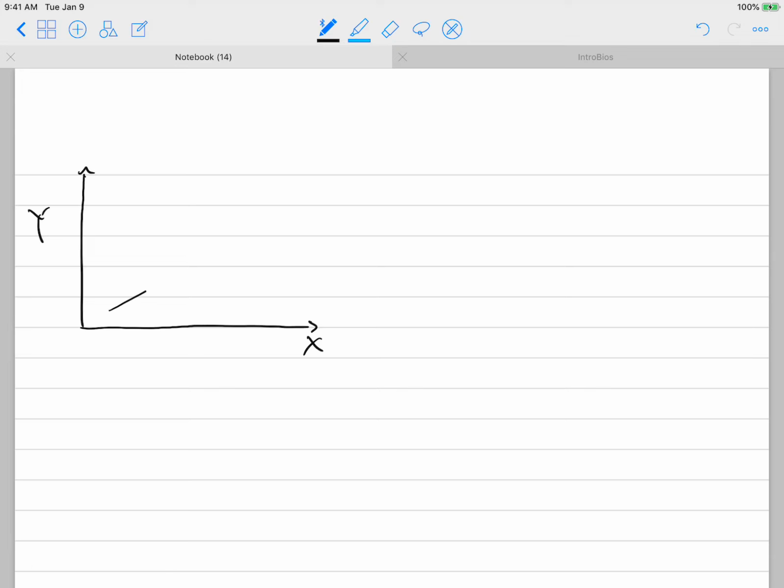So we may have a straight line y equals mx plus b. So any point x on the x-axis corresponds to a y point, and you get the pair x naught, y naught.